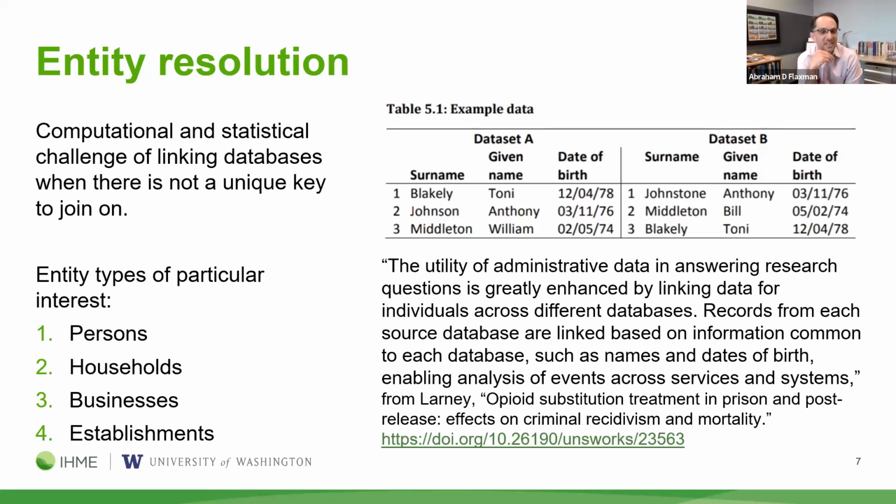And they want to match that up with something. But they're also interested when entities are households or businesses or even establishments, getting at something between businesses and places of business. And so I just put that out there to give you a range of ideas about the different kinds of entities that we might be interested in resolving.